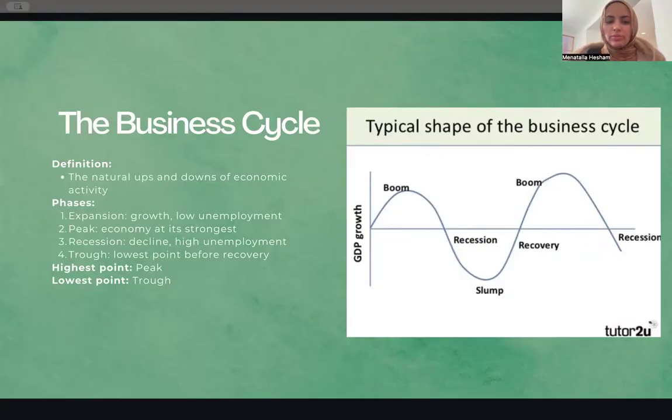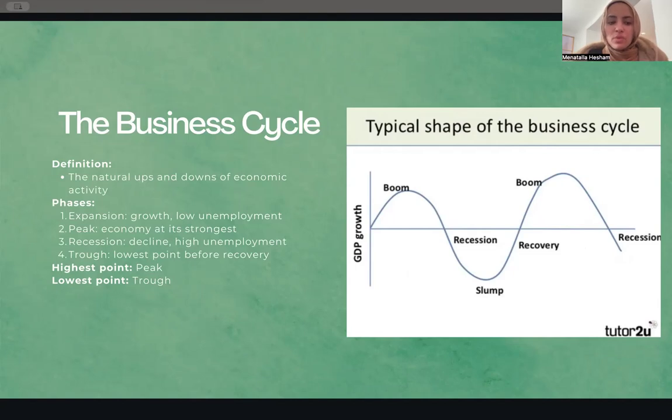So what is a business cycle? The business cycle represents the natural rise and fall of economic activity over time. It has four phases: expansion, peak, recession, and trough. The peak is the highest point of economic activity, with maximum output and low unemployment.